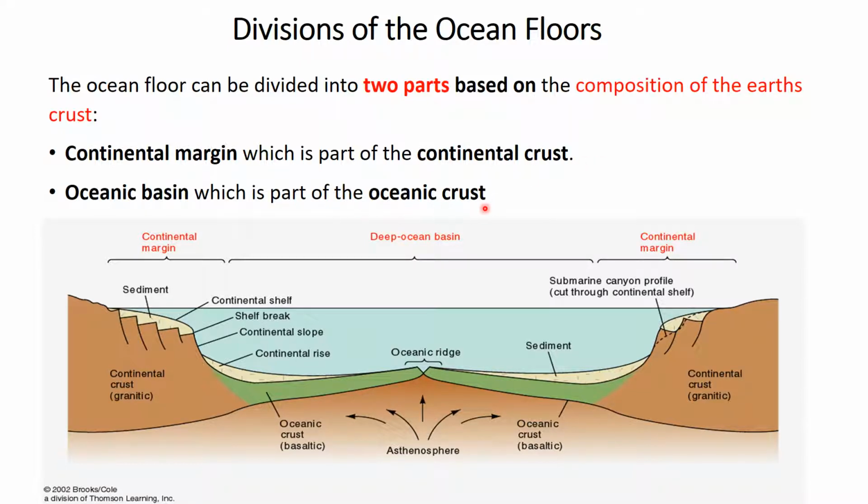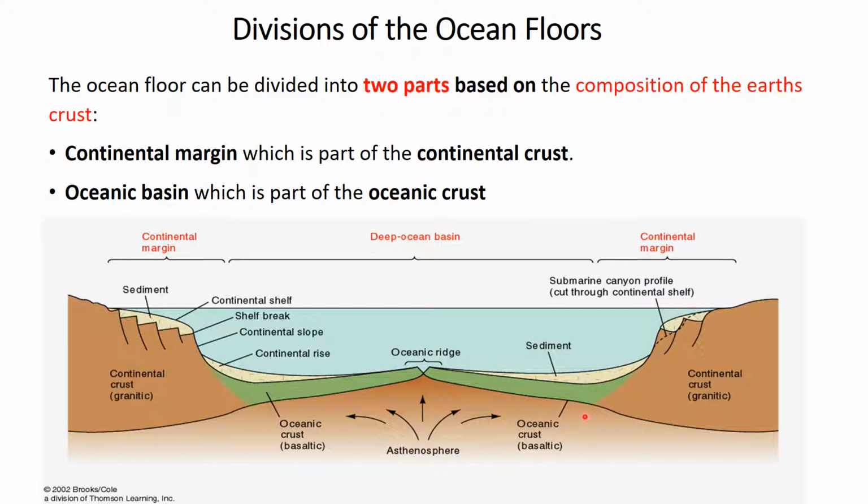All the relief features which are found on the continents have their foundation on the continental crust, whereas all the relief features associated with the ocean are made up on top of the oceanic crust.